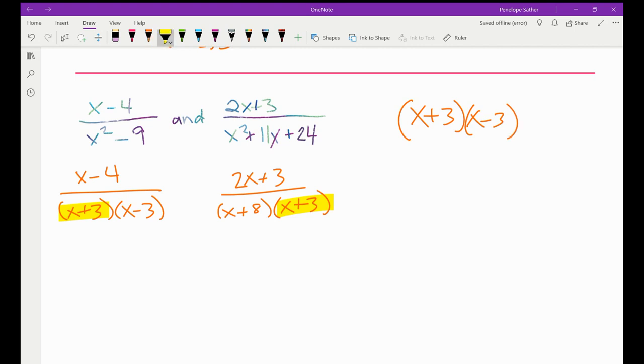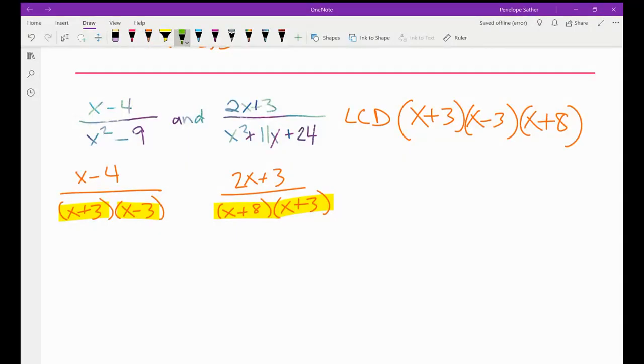Okay, so that's done. And then we also need that x plus 8. All right, so now that I've written down everything that's in the denominator, I now know what my LCD is going to be, and then I can work on applying that.